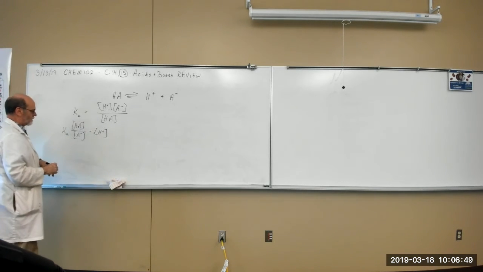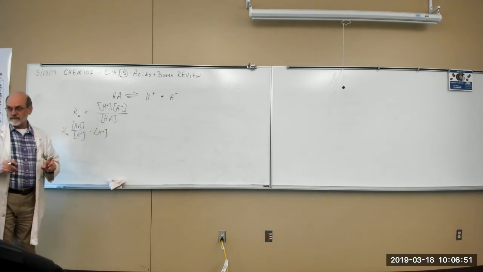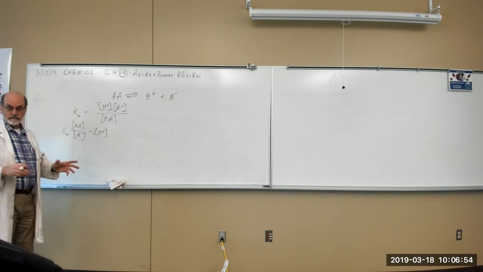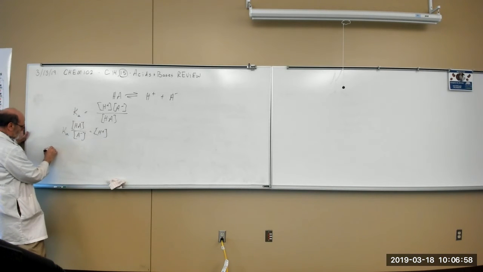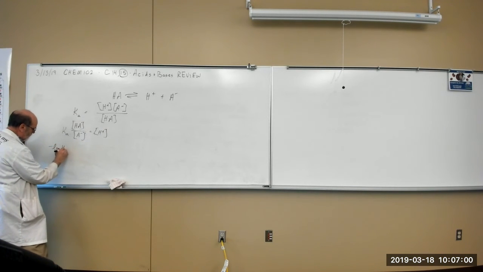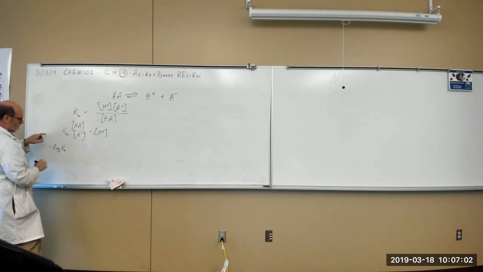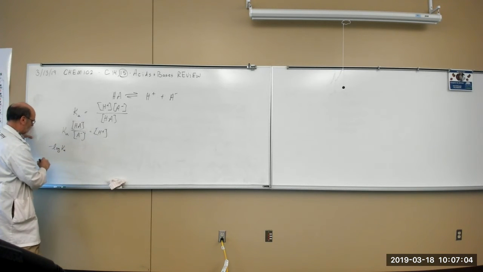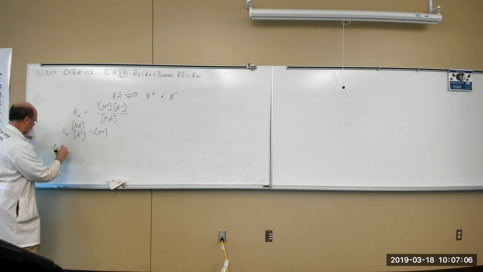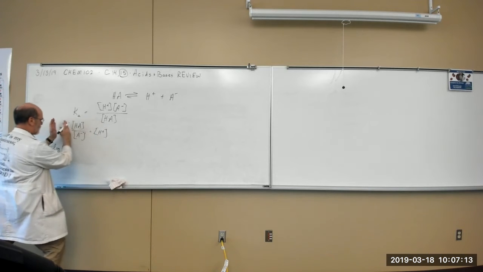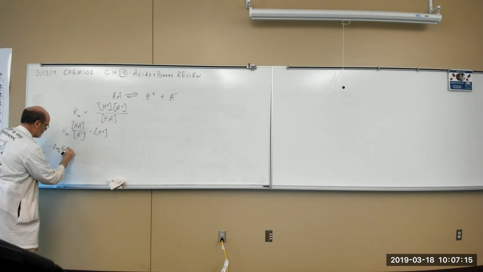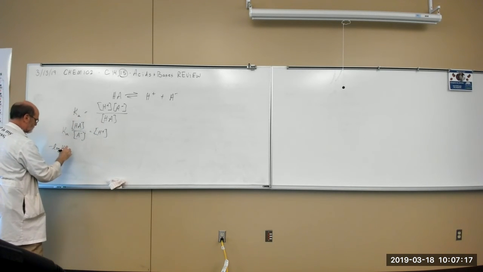Why do you take the log of both sides? Because we want pH. Actually, the negative log. So I'll write the whole thing out. Here's the negative log of Ka. And then remember, when we take the log of a product, say this times that, then it's the addition.